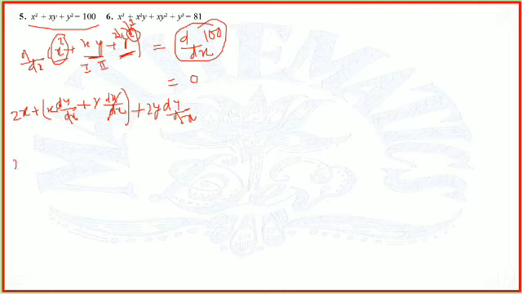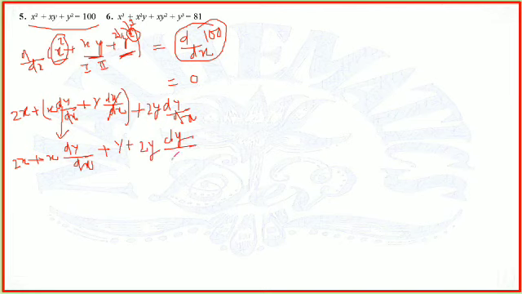So now 2x plus x into dy upon dx, plus here we don't have any differential coefficient, so y, plus 2y dy upon dx is equal to 0.